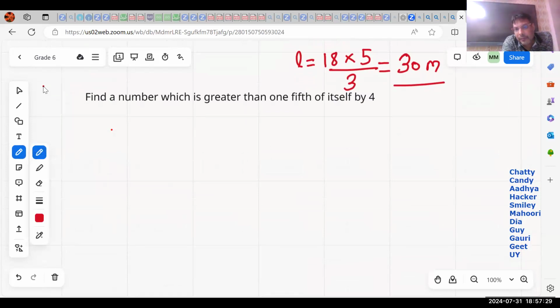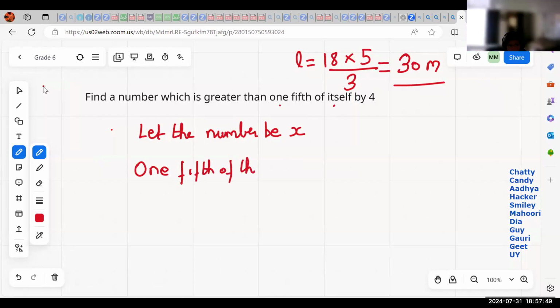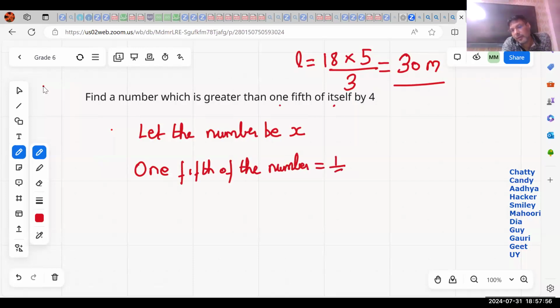So the number is greater than 1/5 of itself by 4. So we will let the number be x. So what will be 1/5 of the number? 1/5 multiplied by x, which is equal to x by 5.